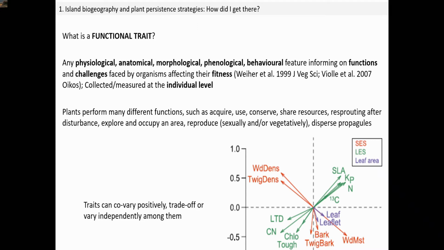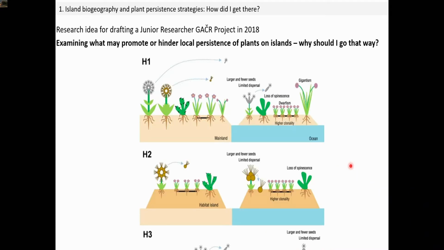And this is an example from a paper in Ecology Letters, where there are a bunch of acronyms, but for simplicity, you can see that the red arrows identify the stem economic spectrum on one axis, and then the green axis is about the leaf economic spectrum, which is orthogonal to the stem economic spectrum, and then there is a third one, which is the leaf area spectrum. This was run, I think, on more than 700 species from tropical regions.